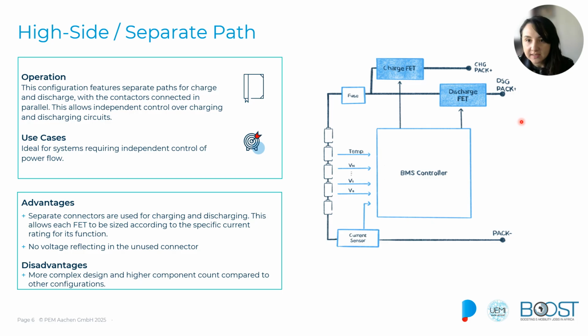This configuration is ideal in electric vehicles or in grid storage systems. However, it is more complex, and as you can see, it also has some additional components, for instance the additional connectors that we have to use here. So it can have a higher cost.